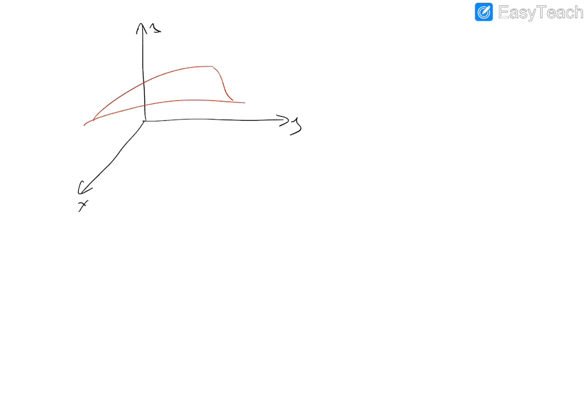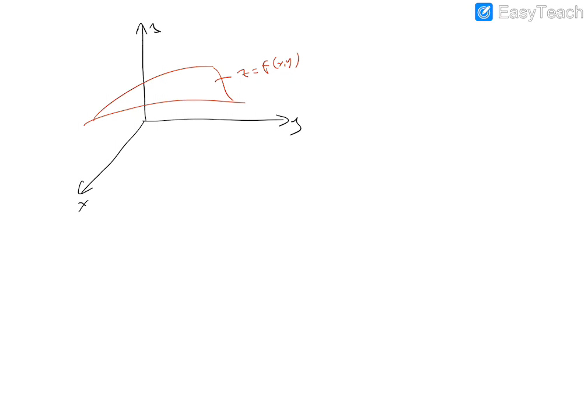In addition to average value, we have another application of the double integral. By using double integral, we can calculate the volume of some solid. I mean, for example, this is the graph of the function f of xy, or surface. Okay, actually this is a graph, but this describes the surface.